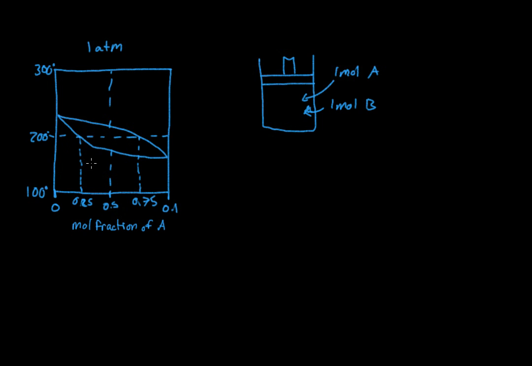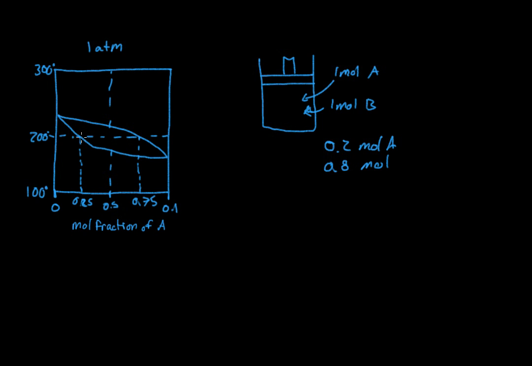Once you go past this 0.25 mole fraction for the entire system, so let's say we have 0.2 moles of A and 0.8 moles of A, then we're in this liquid area, just this pure liquid.